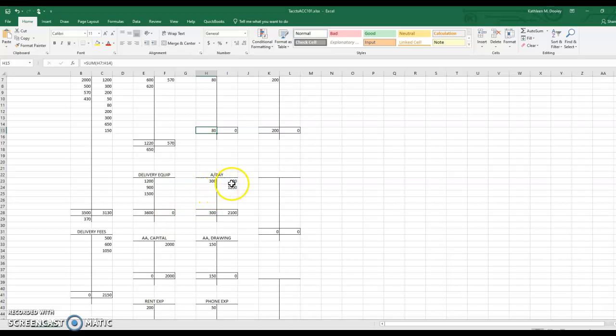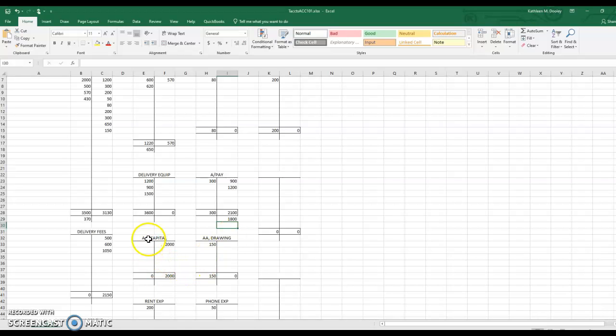Accounts payable does have stuff on both sides, so I need to take the big number, $2,100, minus the small number, $300, and that gives me $1,800. I put it on the side of the big number, and I can ask myself, is this normal? Is it normal that accounts payable has a credit balance? Yes, it is normal. That's the normal balance for a liability, a credit.